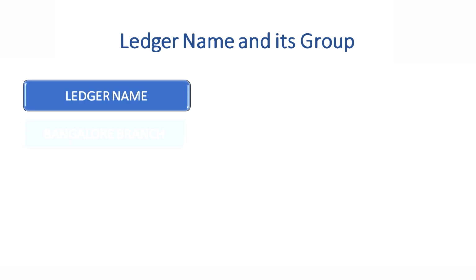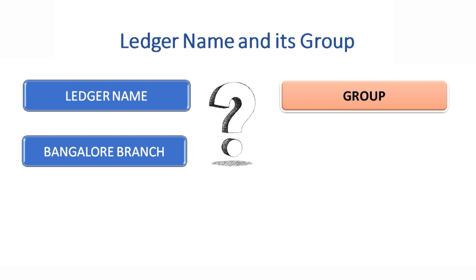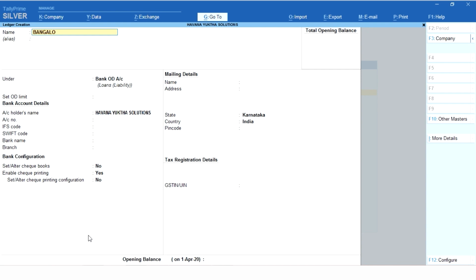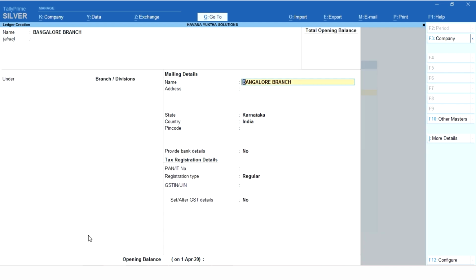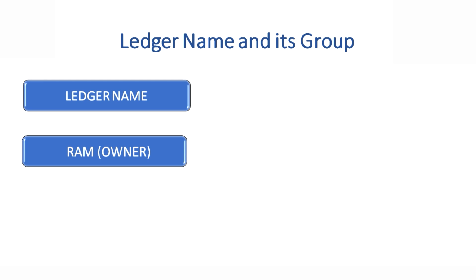So next we go with a ledger name called Bangalore branch. If I'm having a branch office also, then even that ledger has to be created. So in the group of branch and division, we'll select the list as branch and division and we'll accept the screen by using Ctrl A. So next we go with a ledger name called Ram account, who is the owner of the company.